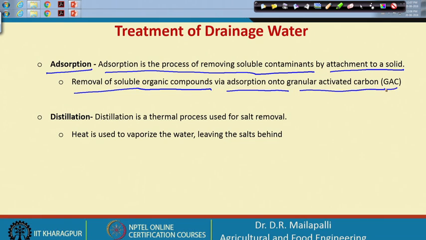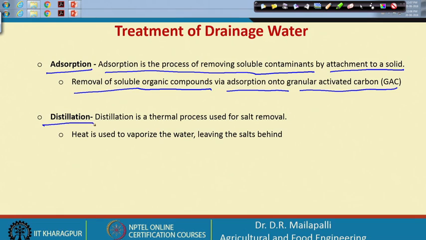The activated carbon has a particular charge and attracts the opposite charge, the sediments or particulates or organic matter, and then you can separate the organic material from the drainage water by adsorption.